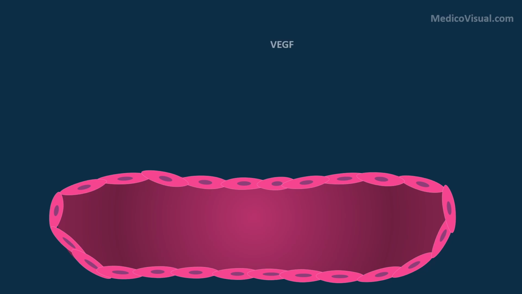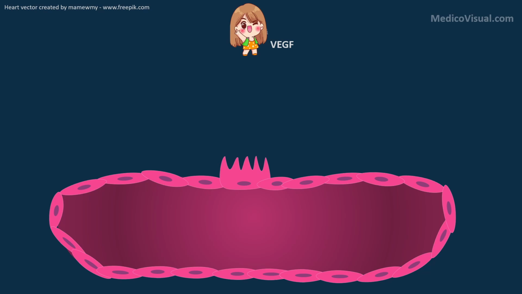Certain factors, for example VEGF, vascular endothelial growth factor, are released. This vascular endothelial growth factor is like a beautiful girl. It stimulates or excites one of the endothelial cells of this blood vessel, and as this endothelial cell becomes excited, it is converted into what we call a tip cell.